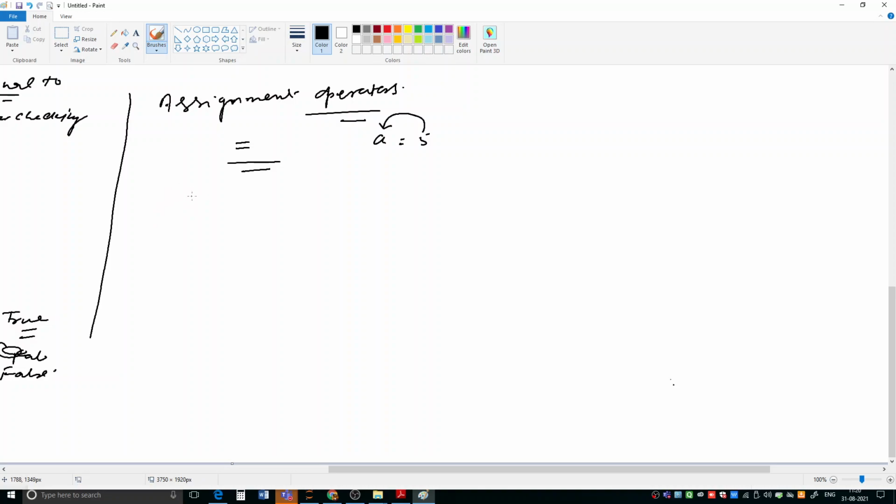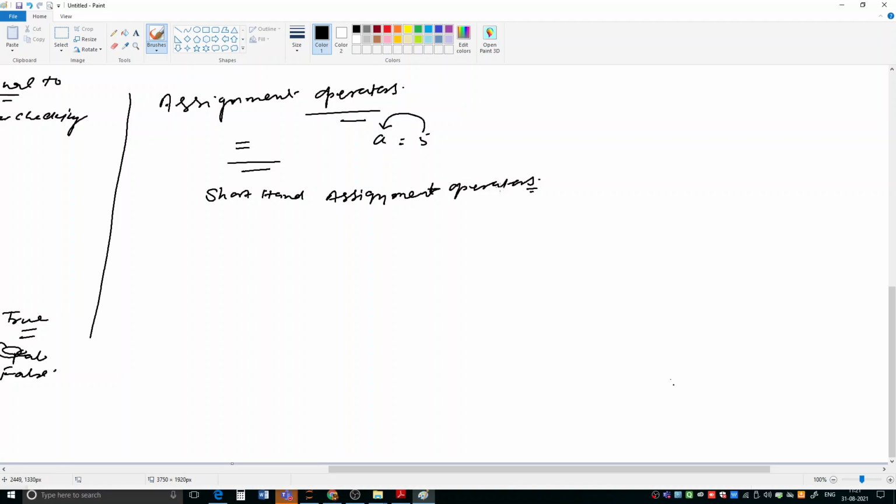Here we can combine one operator along with the assignment operator to make a shorthand assignment, which is called shorthand assignment operators.